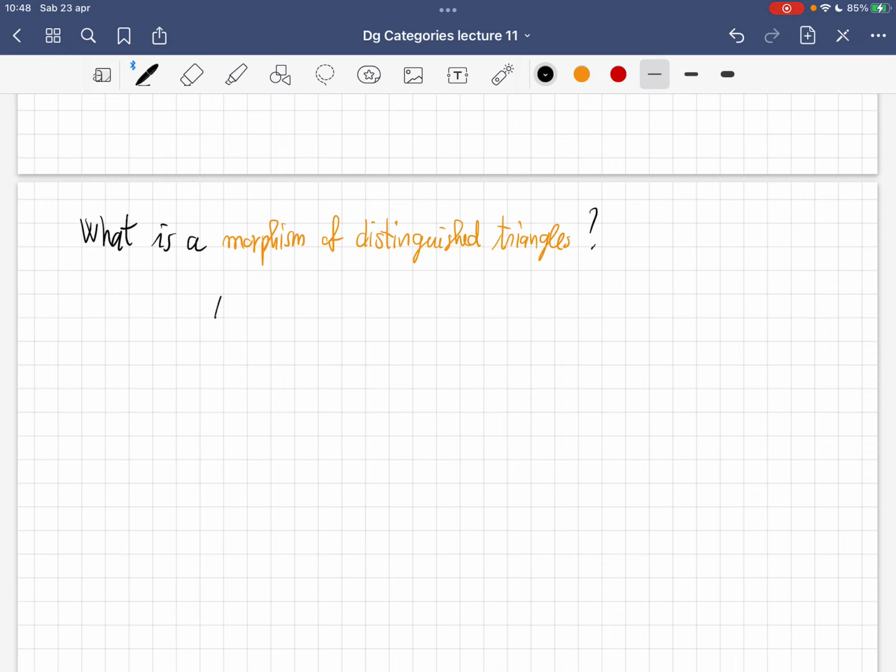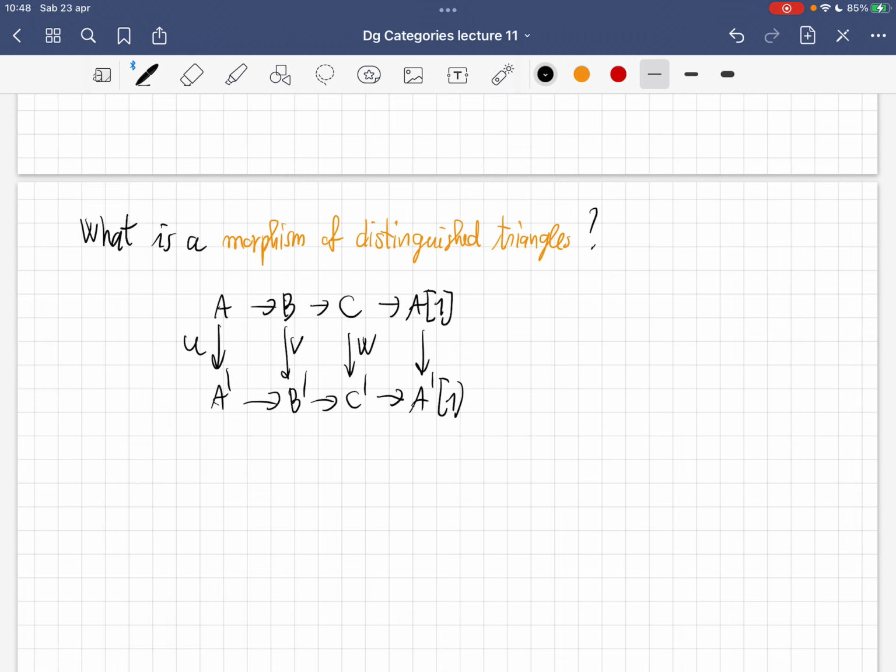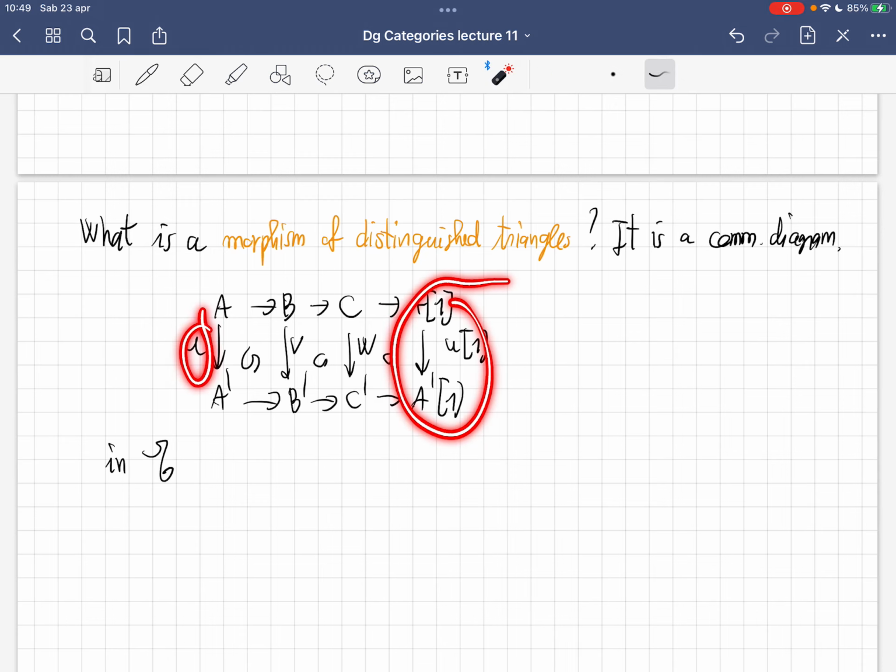Well, you can imagine that you have two distinguished triangles, and a morphism will just be like you have some u, v and w, and here you put u shifted by 1, and everything will be a commutative diagram in T, where of course this map is induced from the one given here.